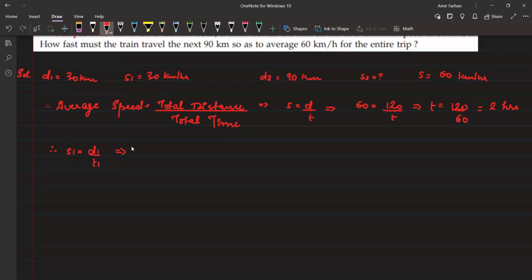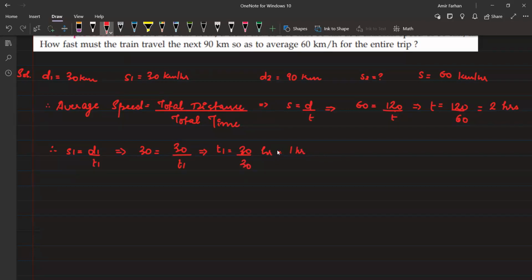S1 is given to you, that is 30 kilometer per hour, equal to D1, which is also given, 30 kilometers. T1 is not given to you, that you have to find. So T1 will be equal to 30 by 30 hours. So this comes out to be 1 hour.